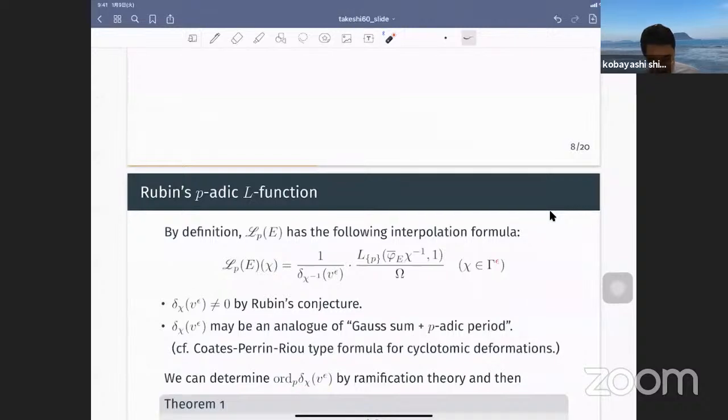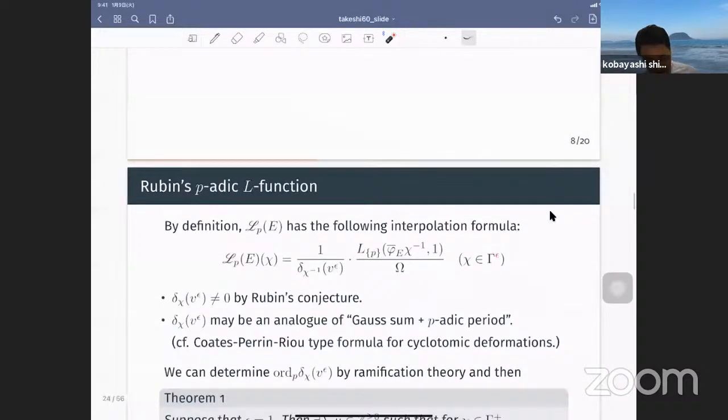So I think explicit computation is difficult. But we use ramification theory, like in classical ramification theory, like Serre's book. We look at the action of the higher ramification groups, and then we can determine this value.